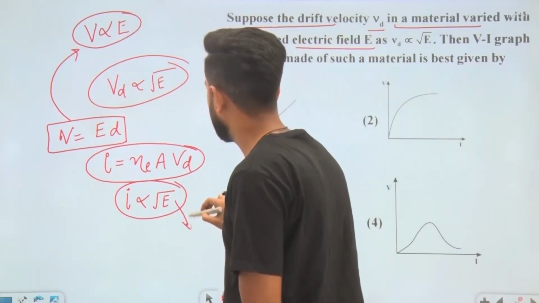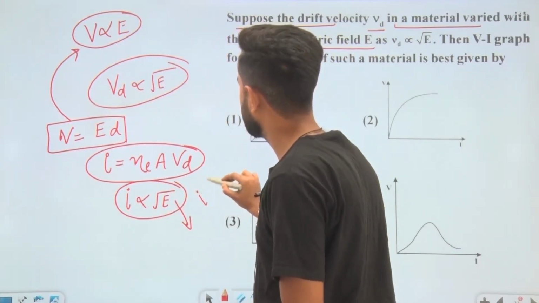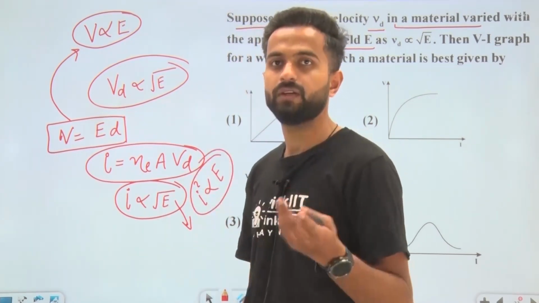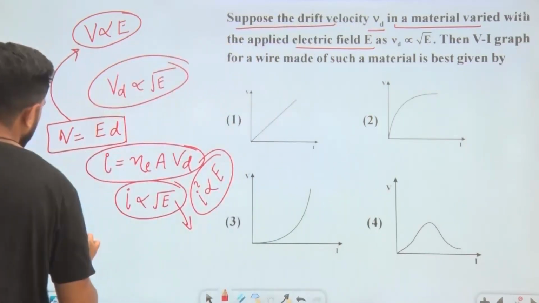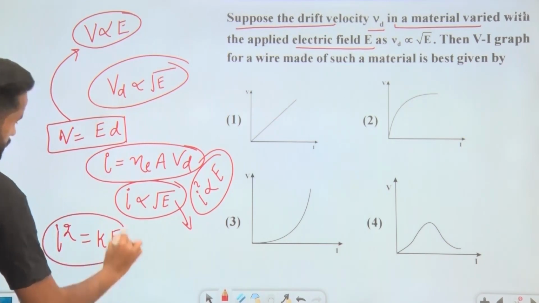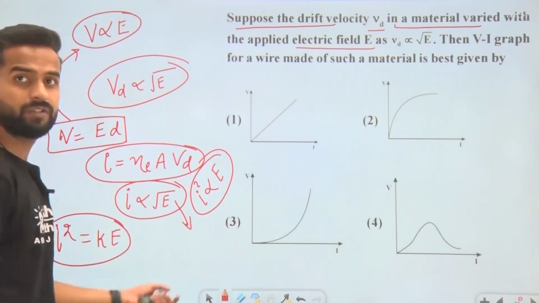So if I square both sides, I can write I square is proportional to E. Or we can write I square is equal to some constant K into E, removing the proportionality sign.